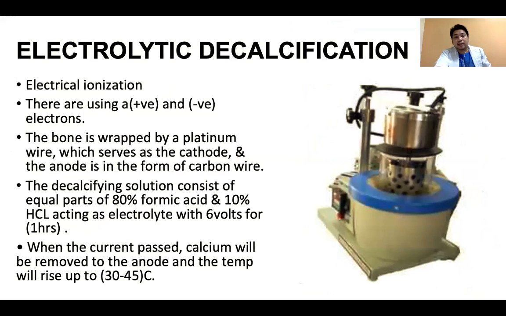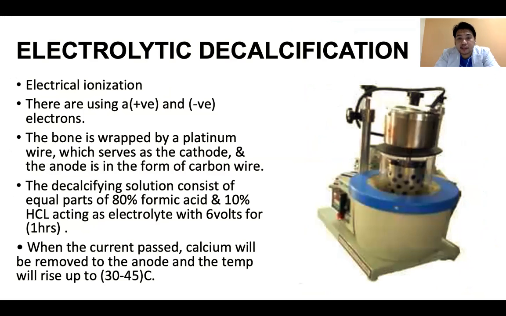Electrolytic or electrolyte decalcification, class. So you're using electrons. Okay? The bone is wrapped by platinum wire, which serves as cathode, and the anode is in the form of carbon wire. So the decalcifying solution consists of equal parts of 88% formic acid and 10% hydrochloric acid, acting as electrolyte, with 6 volts for 1 hour.